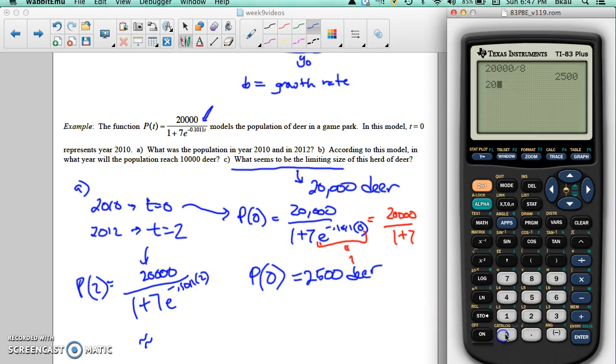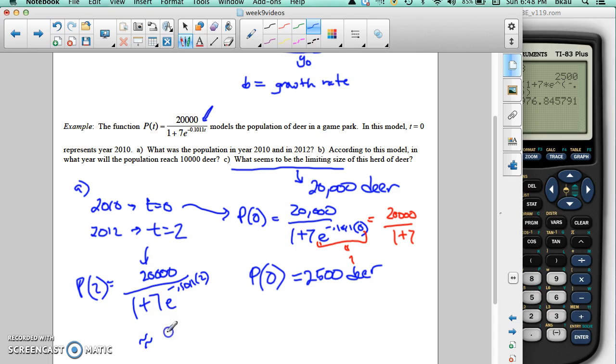I need to make sure I use parentheses if I'm typing it all in at the same time: parentheses 1 plus 7 times e to the power of negative 0.1011 times 2, in the parentheses for the power, and then in the parentheses for the denominator. So on that one we're going to have about 2,976 deer. We can't have a partial amount of deer.